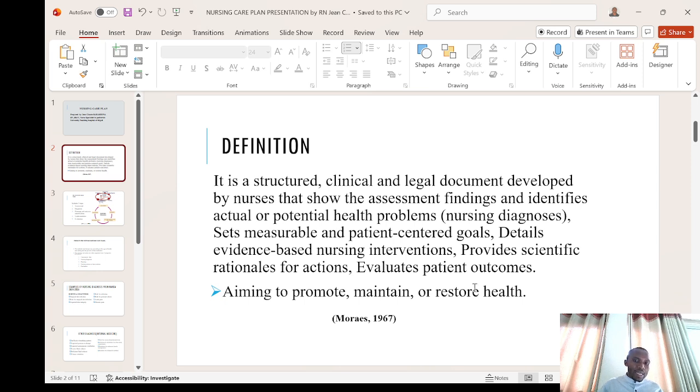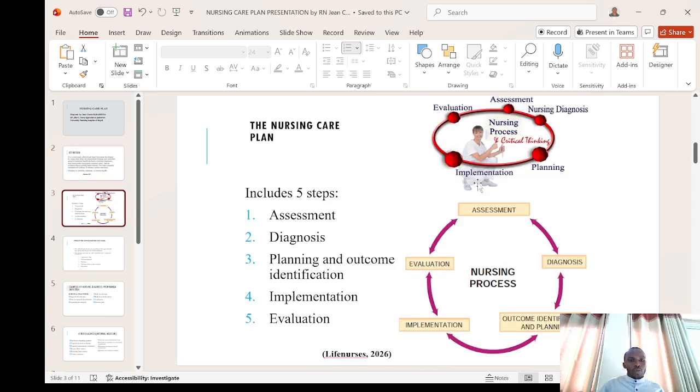So this nursing care plan is very important to promote, maintain and restore the health of our patients. It includes 5 main steps, the first one being assessment. This is the first column that we normally use in a nursing care plan, and this assessment includes 2 main parts: subjective data and objective data.